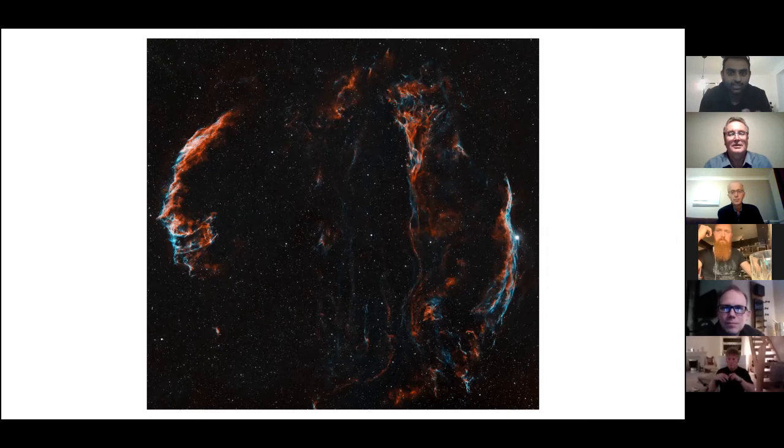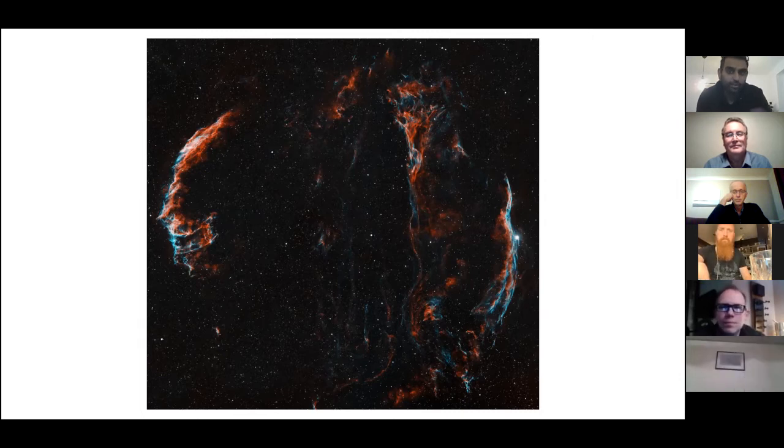And the second is that it was produced using this bicolor workflow, in a HOO palette. I thought those two concepts together essentially make the synthesis of this image slightly unusual, and the process is quite multi-layered. So I thought by talking through how I created this image, some of you other deep sky imagers might be able to take some techniques away that you can apply to your own work.